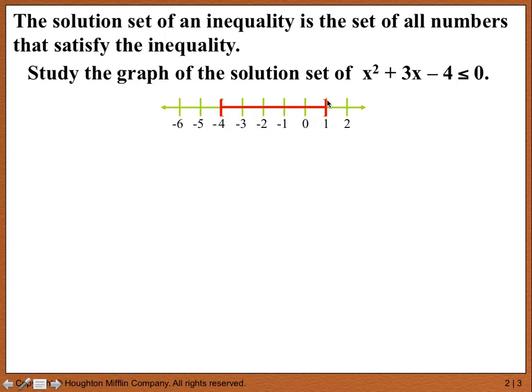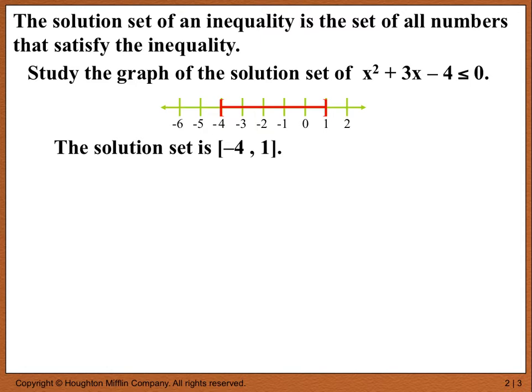Notice also that there is a bracket at the right end of this interval, and there's a bracket on the left end of the interval. And as you remember, brackets indicate that the endpoints are included in the solution set. Now the solution set can be written in interval notation as follows: bracket -4, comma 1 bracket.